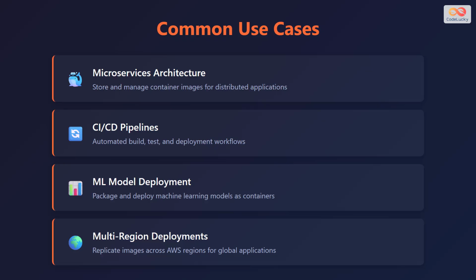For ML model deployment, or machine learning model deployment, data scientists can package trained models as containers and store them in ECR for easy deployment and versioning. Finally, for multi-region deployments, ECR supports cross-region replication, allowing you to copy images across AWS regions for global applications with low latency access.